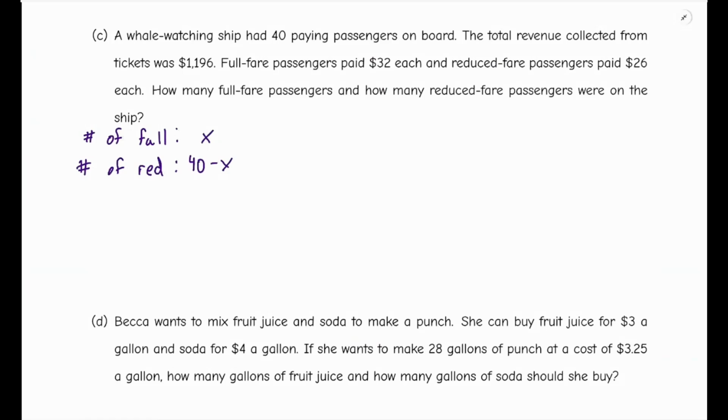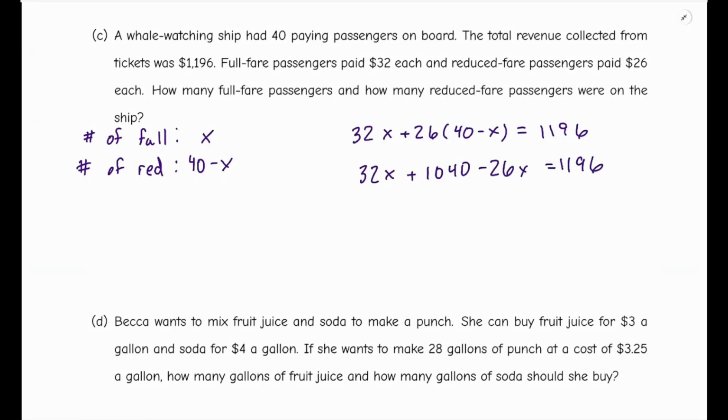And now we have 32 times the number of full fare plus 26 times the number of reduced fare has to equal the total price. And now we're going to distribute. We're going to get 32x plus 1040 minus 26x equals 1196.